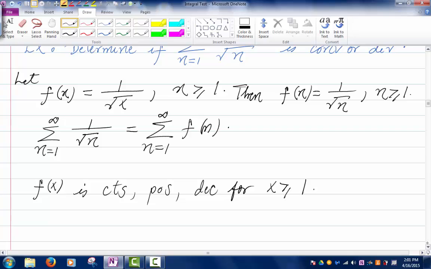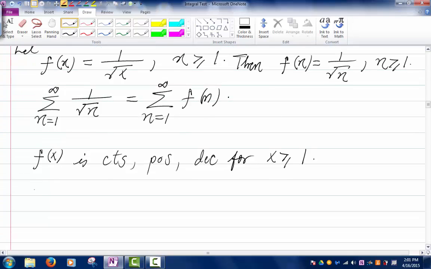So then, by integral test, what do we know? By integral test, this series is convergent or divergent according as the improper integral from 1 to infinity of 1 over root x dx is convergent or divergent, right? Is everybody clear? So in order to determine whether the series is convergent or divergent, all I have to look at is whether that improper integral is convergent or divergent.